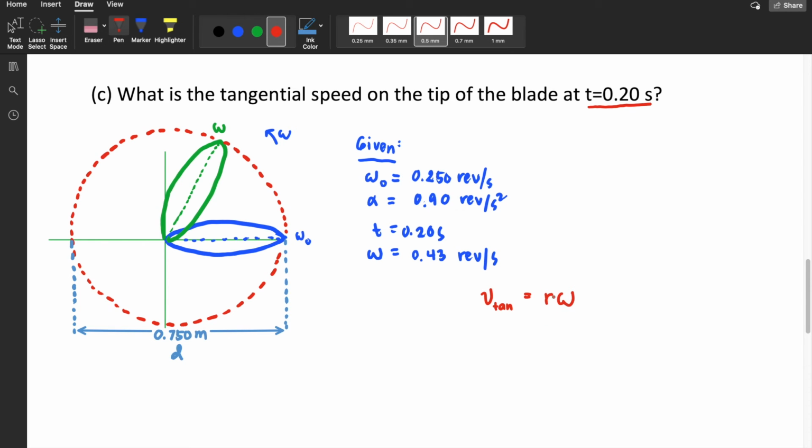So if you'll notice, there are two omegas, two angular velocities, the initial or the final. But then notice nga gi-specify niya nga 0.2. So meaning to say, ang iyang gipangita nga tangential speed is this one. Okay. Kani nga V tangential. Although naa tay V tangential at this point here, but it's looking for V tan here. But then take note, look at your final velocities. Okay, ang unit niya is wala pa naka-SI.